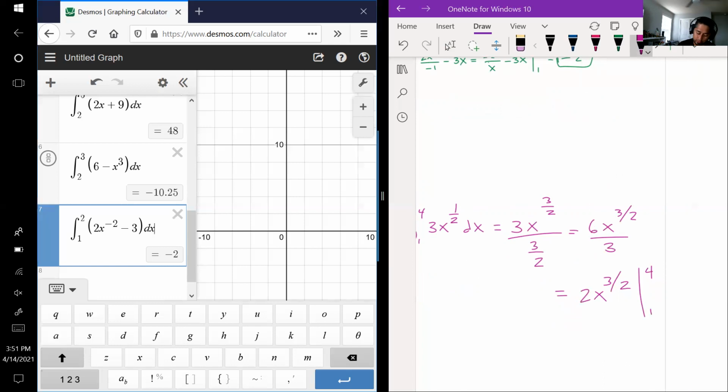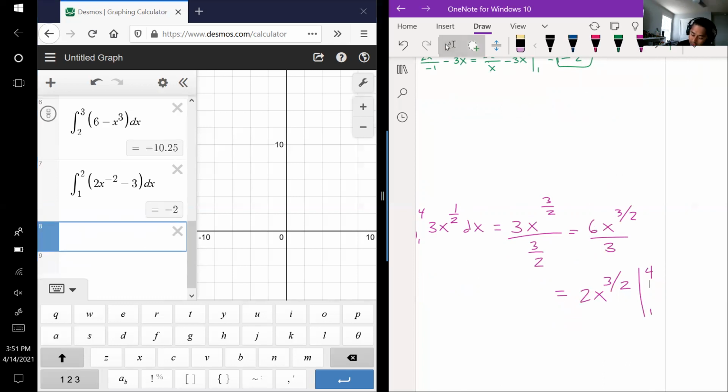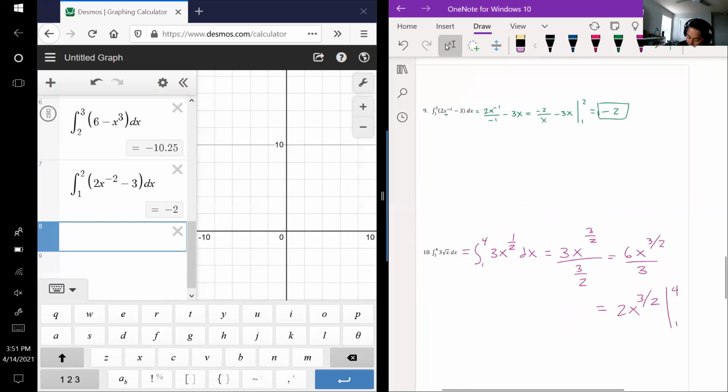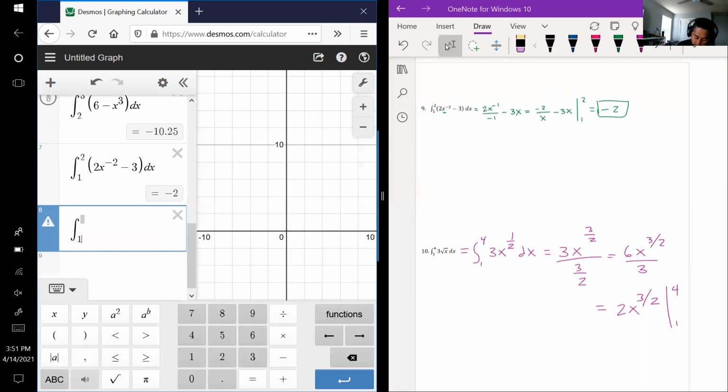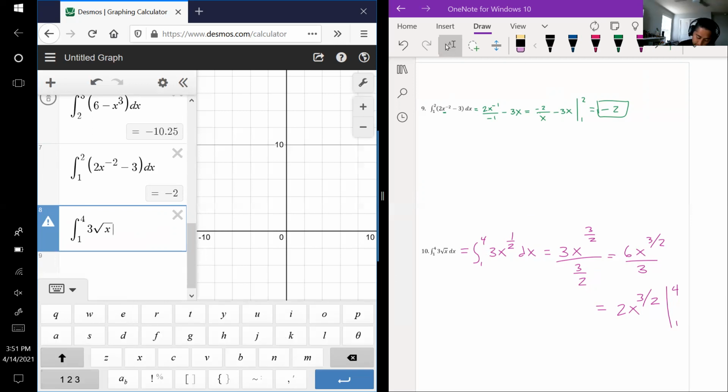Okay, so over here, type in the original problem, the integral from 1 to 4 of 3 square root x with respect to x.